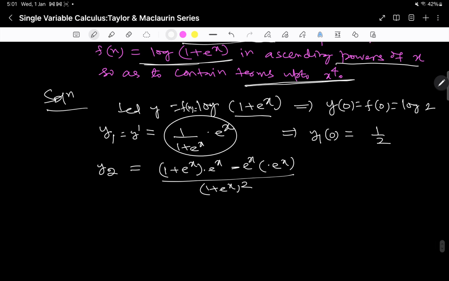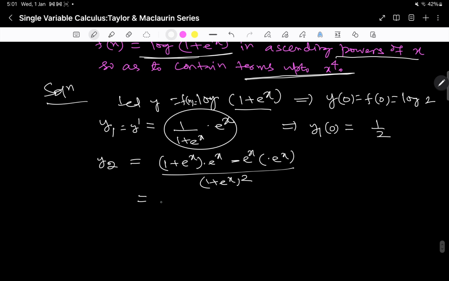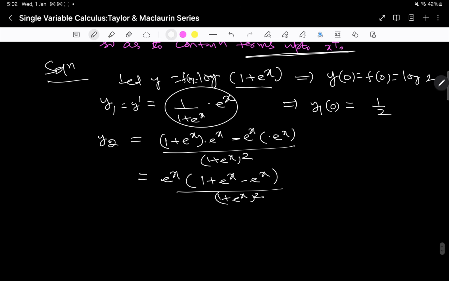Okay, so this is equal to, if I take e to the power x common, 1 plus e to the power x minus e to the power x by 1 plus e to the power x whole square, right? So I can write it as e to the power x by 1 plus e to the power x into 1 by 1 plus e to the power x.